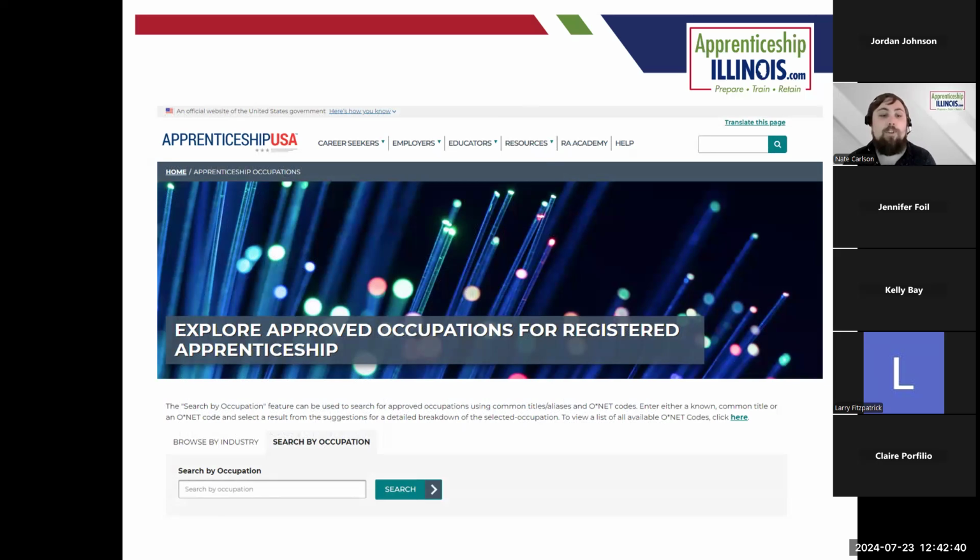And here's where we can search by occupation. You can search either by keywords. So I could type in registered nurse or automotive technician or whatever I'm looking for, or I can put in the ONET code for that occupation, which we've already looked up because we've been looking at competitive salaries for our areas, right? It all links together. So it's really easy to locate.